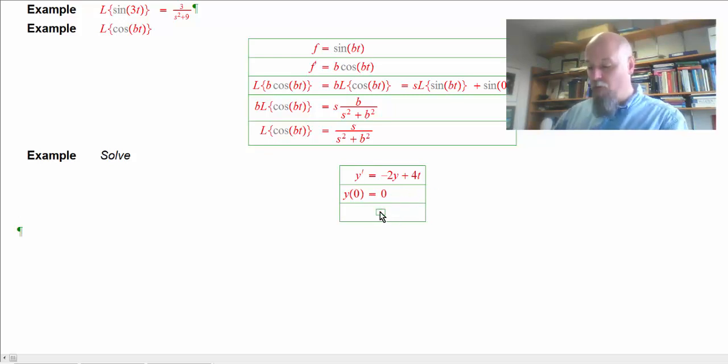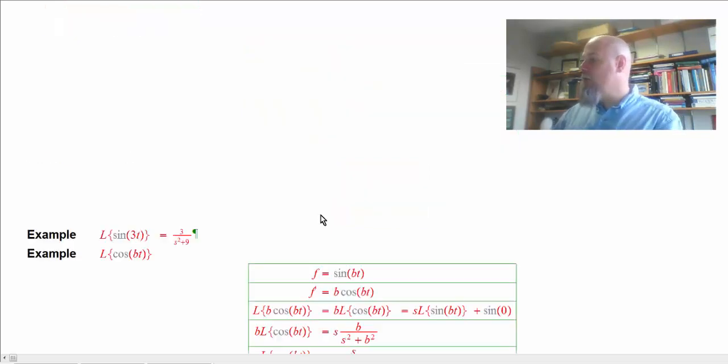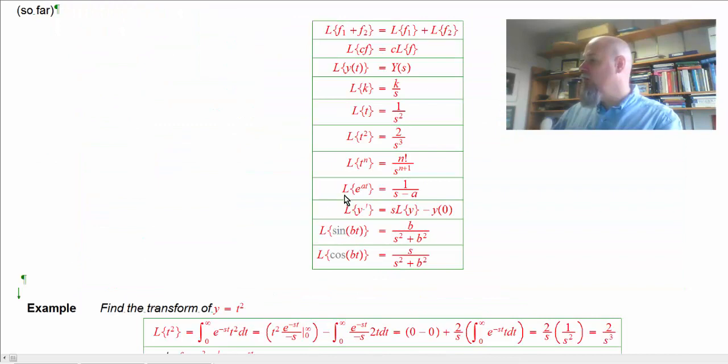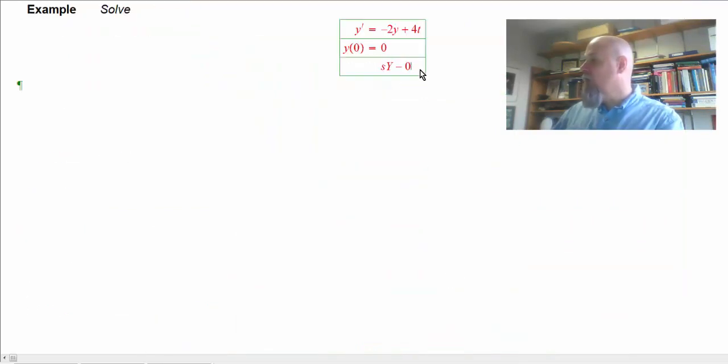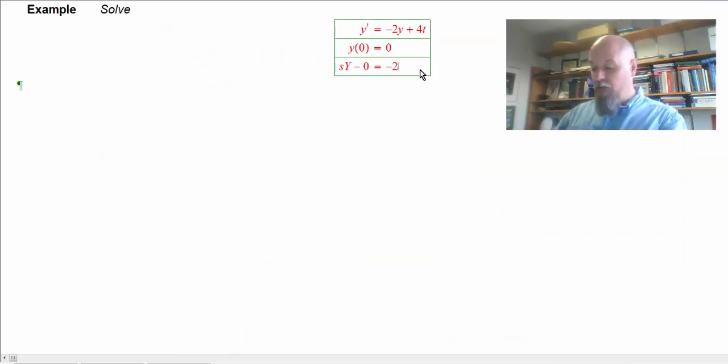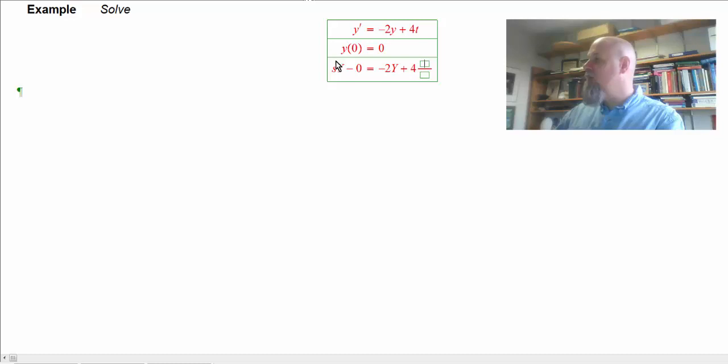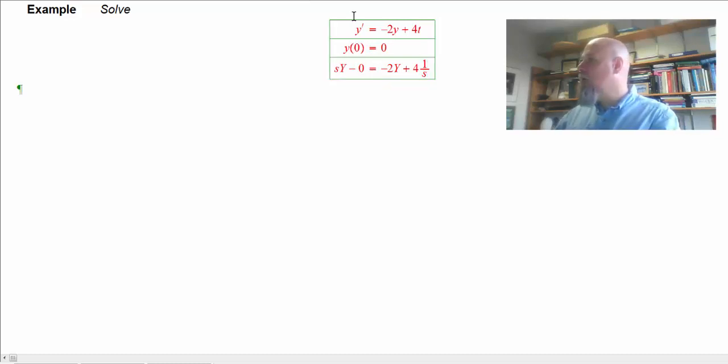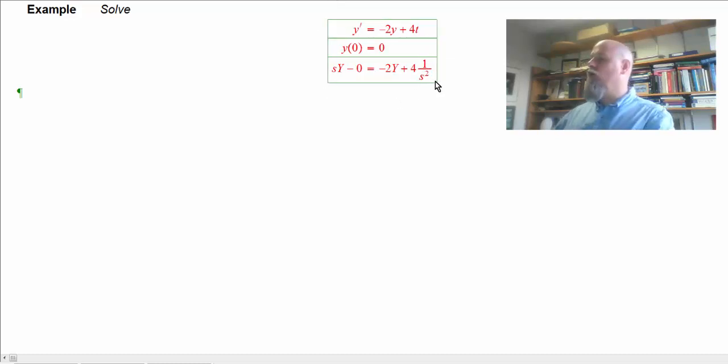The Laplace of y prime is sY minus y naught, using this rule here, equals minus 2 times the Laplace of y, the unknown function, plus 4 times the Laplace of t. The Laplace of t is 1 over s squared.